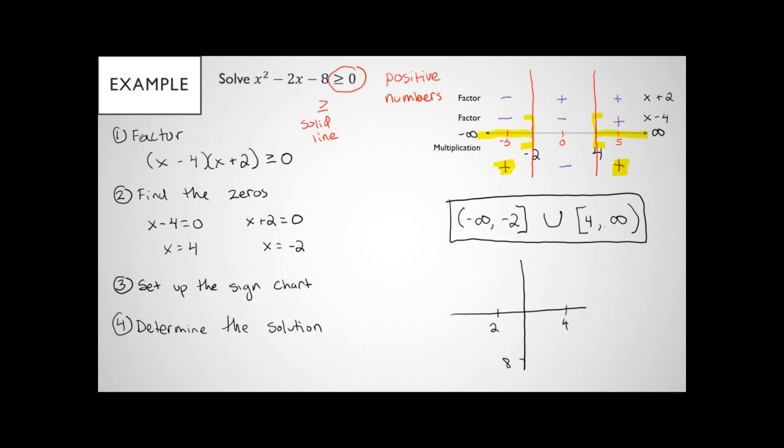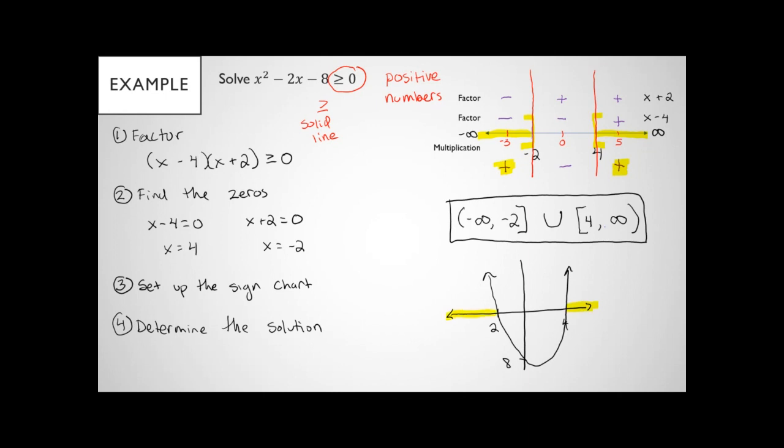And if I were to graph the actual graph here, I'm going to just sketch it. You get, okay, I missed my 4. So if you were to graph the polynomial x squared minus 2x minus 8, that's what it's going to look like. And so the question is, where are we positive?